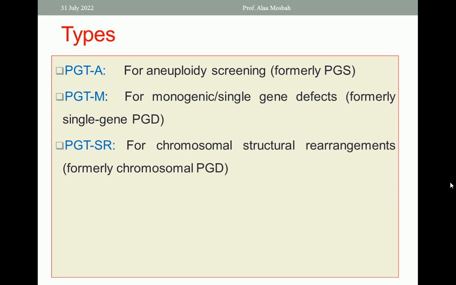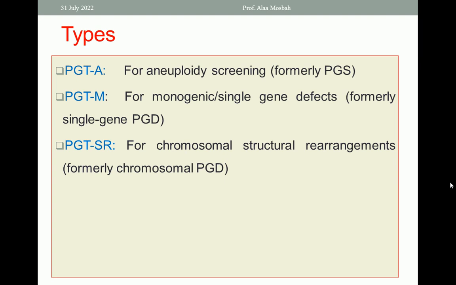So if we have a missing chromosome or an extra chromosome, this is called aneuploidy. If I'm screening for aneuploidy, it is called PGT-A. In the past, it was named PGS, pre-implantation genetic screening.